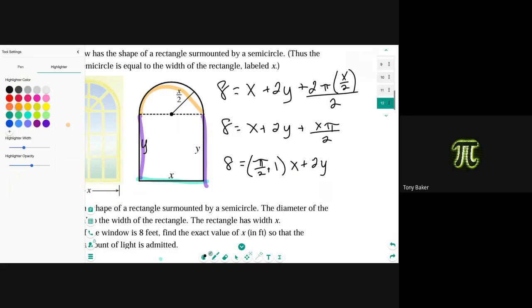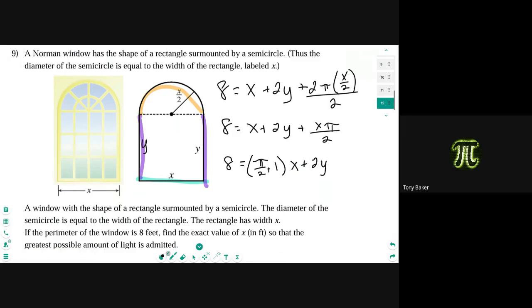But the perimeter, we use the equation to find that for x pi over 2 would include the dotted line. No. Because the 2 pi x over 2 is the whole circle. By dividing it by 2, I'm cutting off the bottom of the circle, not including that line.